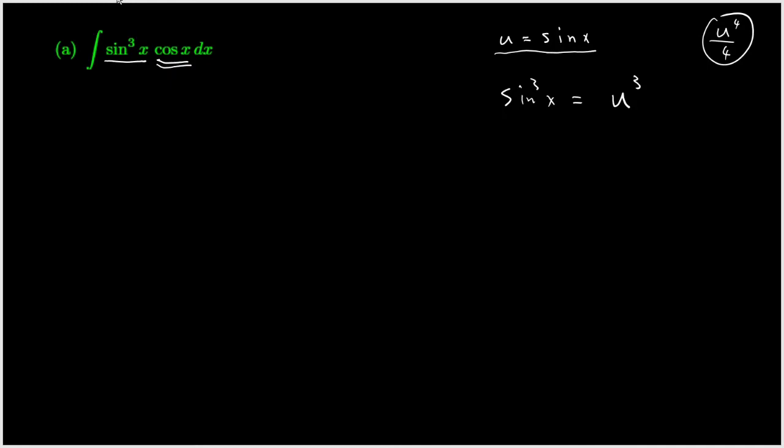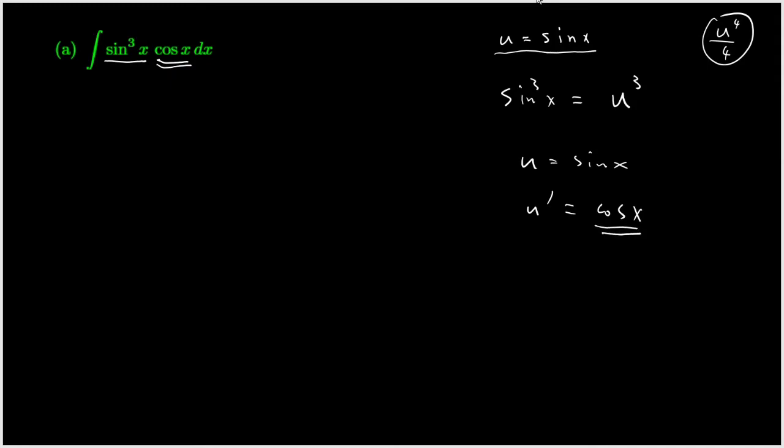The other condition: is the other factor the derivative of u times a constant? Look at u again. u is sine of x. The derivative of u is cos of x, which is the other factor, the double underlined factor. So I'm going to check that.